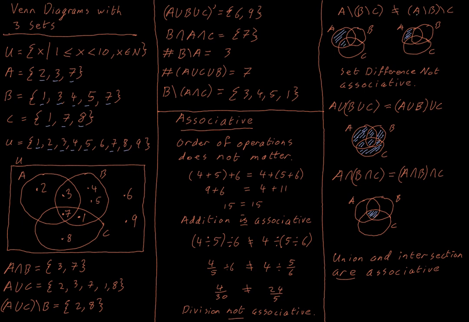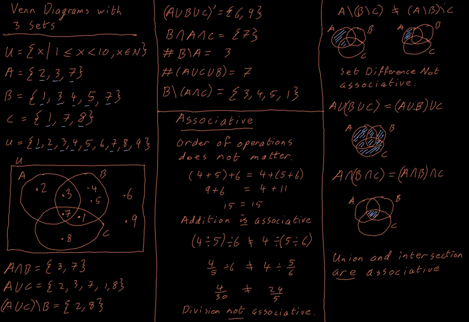But if we had A not B, that would be all of this bit, what we had before, but not C, which would exclude that. And you can see that these two shaded areas are not the same. This little intersection bit here is missing in the second example. They're not talking about the same region of our Venn diagram, so they're not equal to each other. So the order in which we do set difference matters.